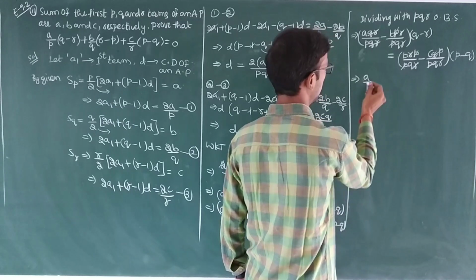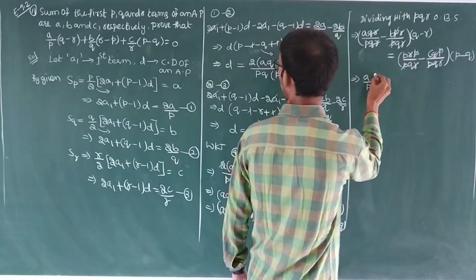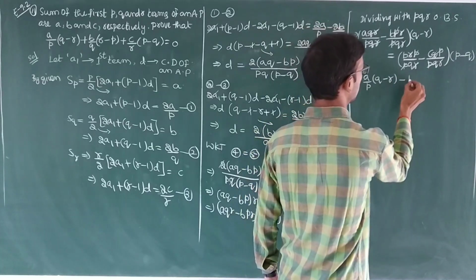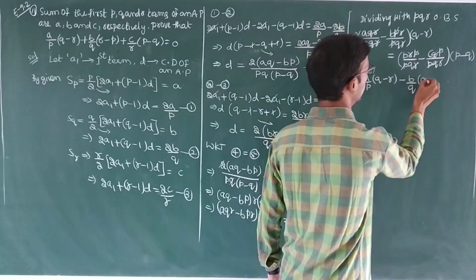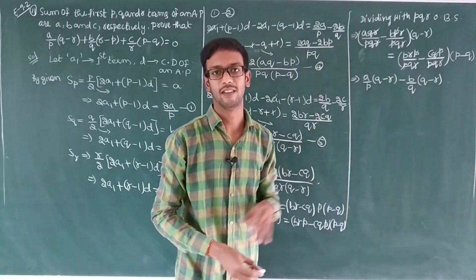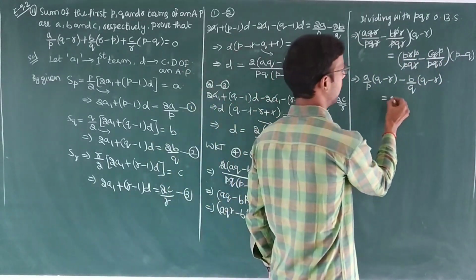So now we have to multiply here. A by P into Q minus R minus B by Q into Q minus R. This value we send to the left side. What will we get?